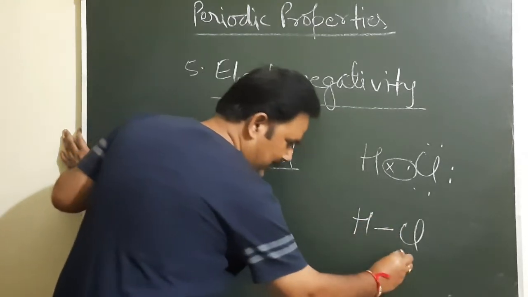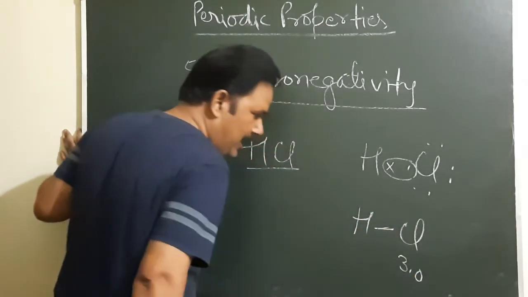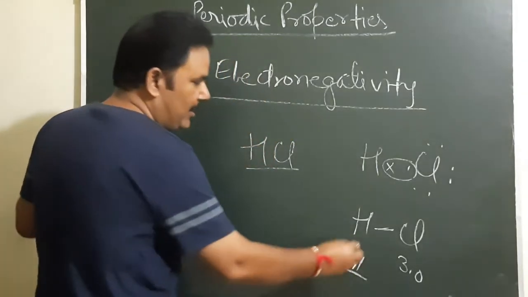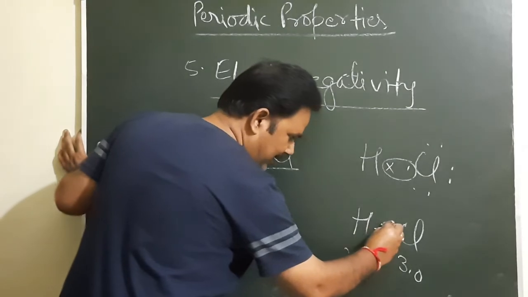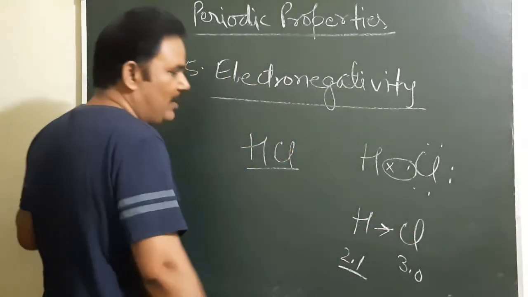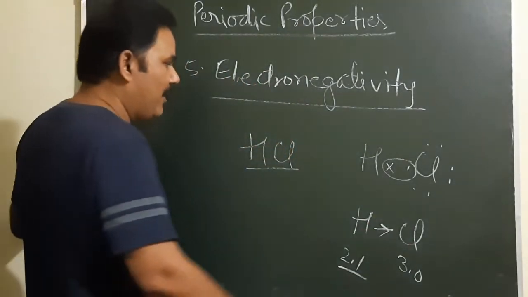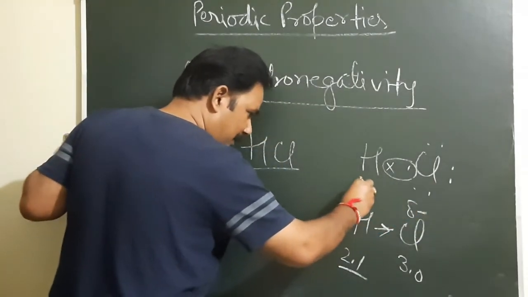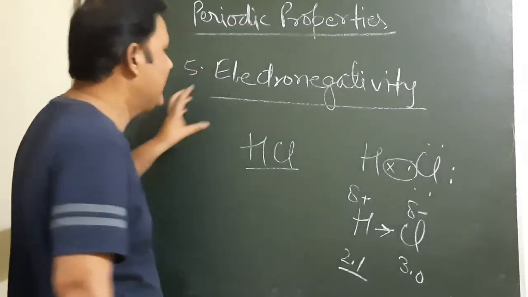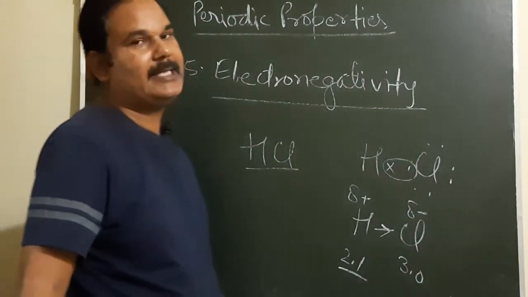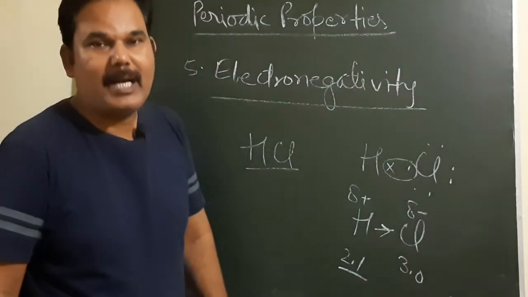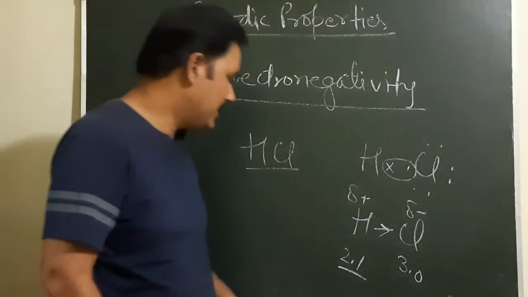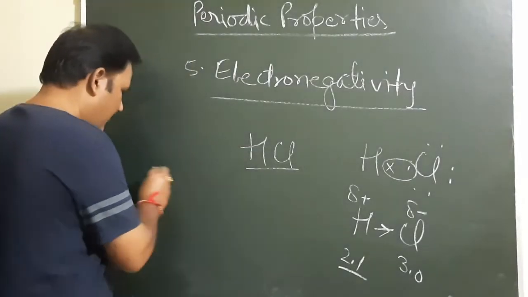H and Cl: the electronegativity of Cl is 3 and the electronegativity of H is 2.1. So since it is greater, it will attract the shared pair of electrons towards itself partially. That's why it will show a partial negative charge and the other will show a partial positive charge. So electronegativity is the characteristic or tendency of an element to attract the shared pair of electrons towards itself in a covalent compound. What is the trend?